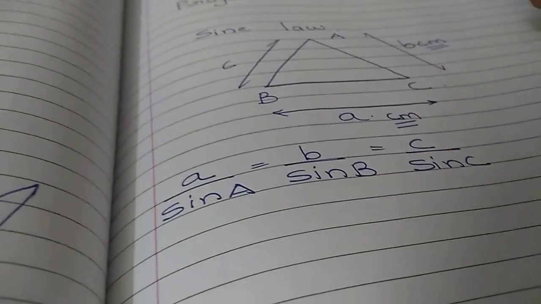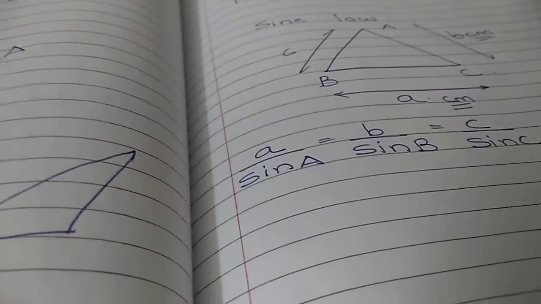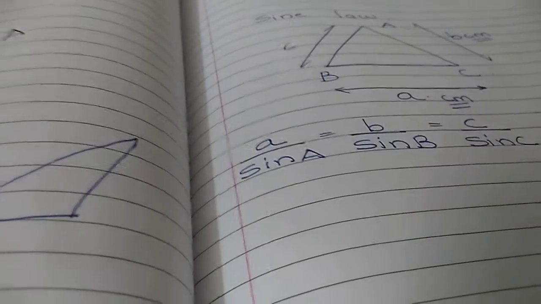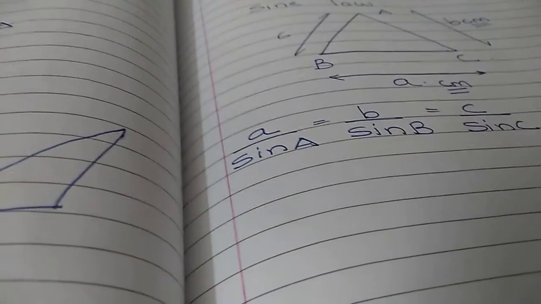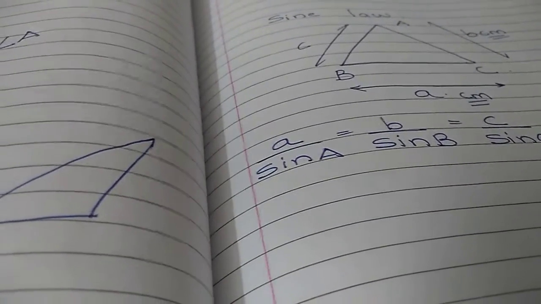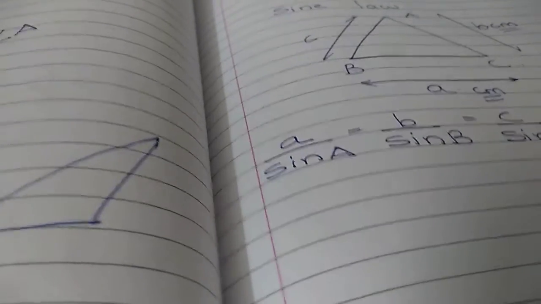So this is what the sine law says. If you go through the book, there is a definition which says that in any triangle ABC, the sides are proportional to the sines of the opposite angles.